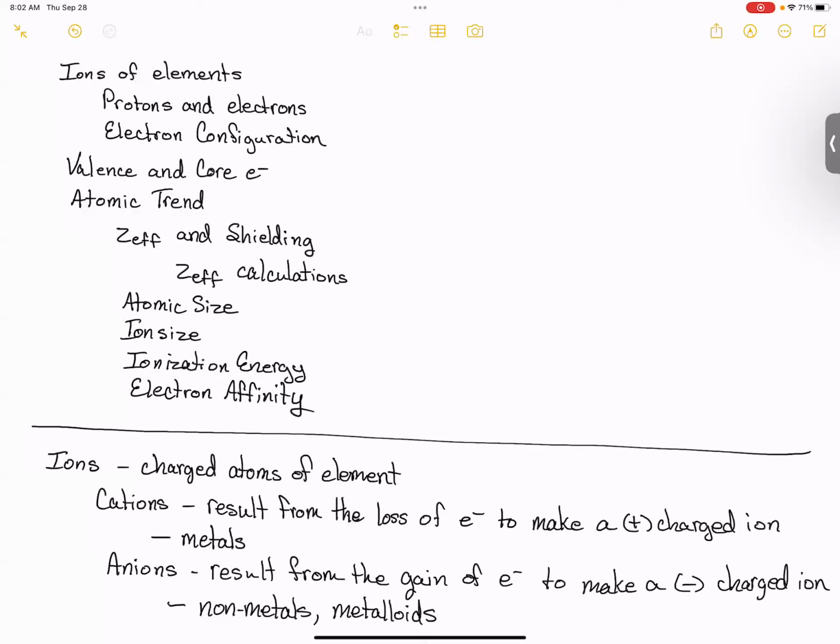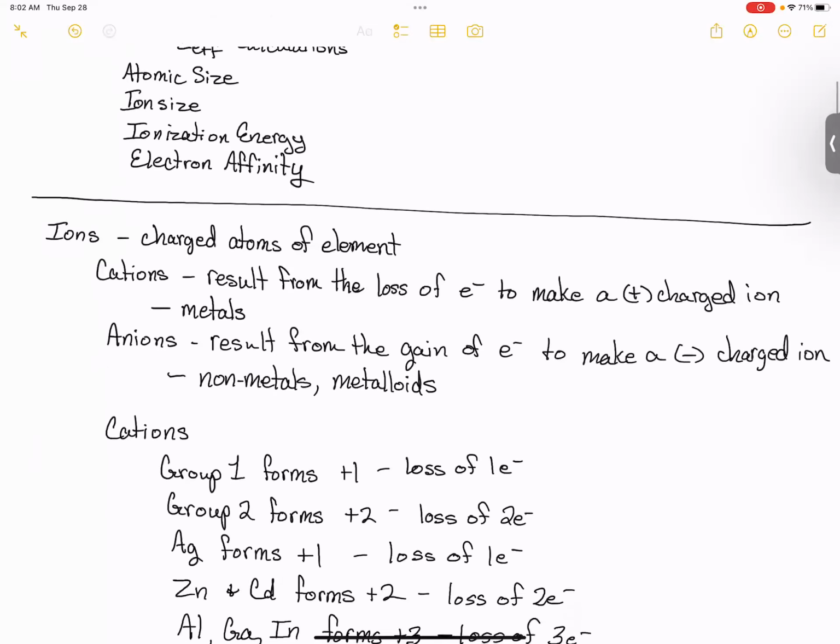To be able to do that, I'm going to introduce this concept of valence electrons and core electrons, and then we're going to move on to atomic trends, where we'll spend a bit of time on Z effective and shielding, because it is shielding and Z effective that allows us to understand the atomic trends, which includes atomic size, ion size, ionization energy, and electron affinity. So that is the plan for today.